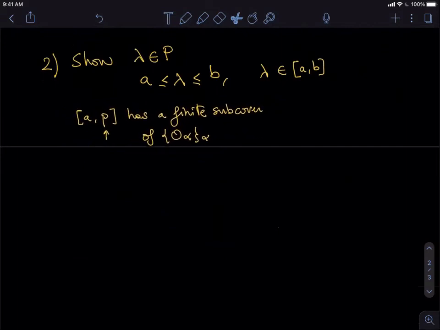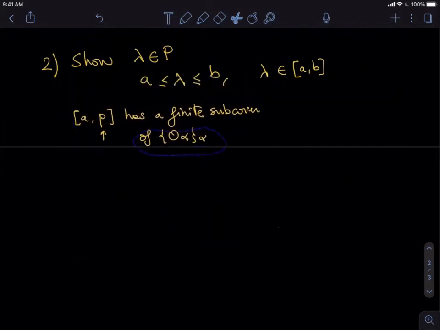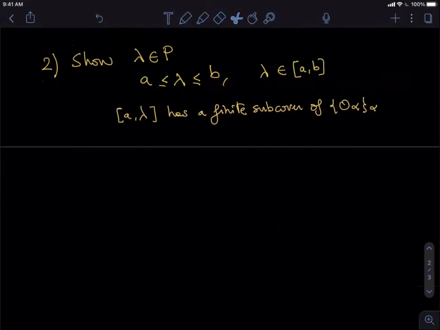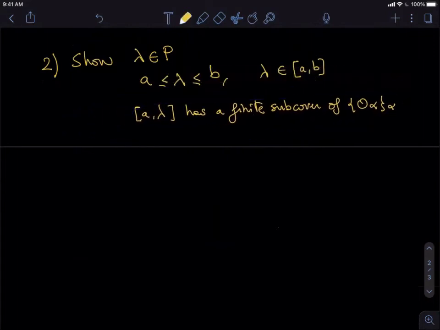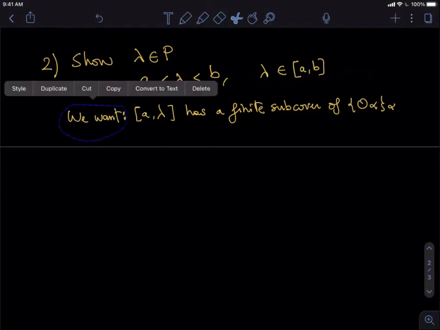There we go. So we need to show that the interval from A to lambda, the closed interval, has a finite subcover of the original cover. Okay, how do we do that?